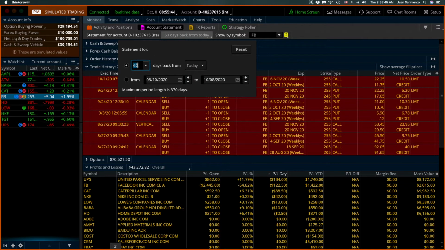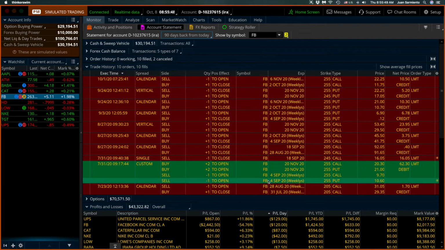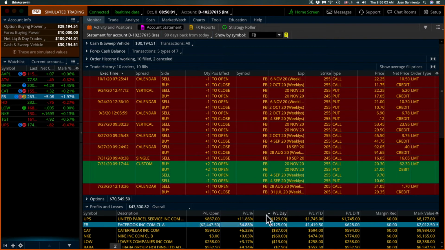We've owned this position for quite a while, it looks like. Okay, so this is my original trade, and I have done rollovers and roll-ups and roll-downs, as you can see. So Facebook here, it's been a winner for the year. Let's see what I want to do.